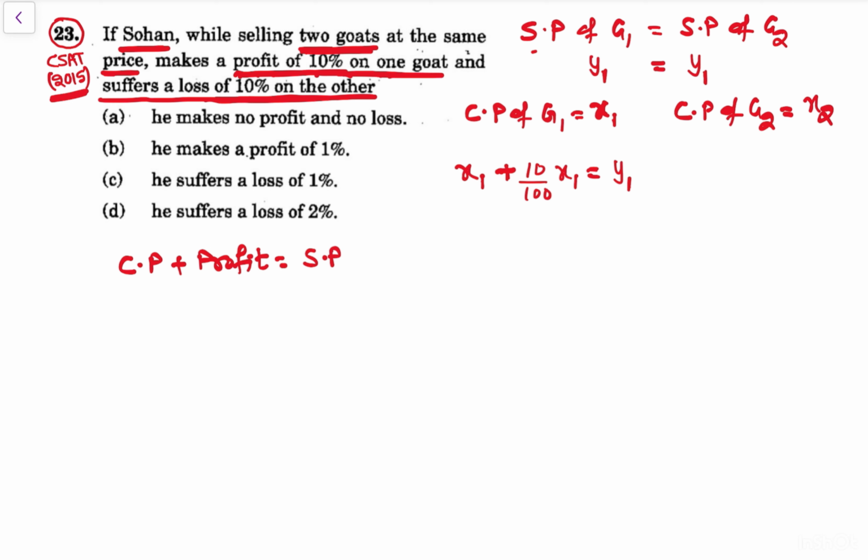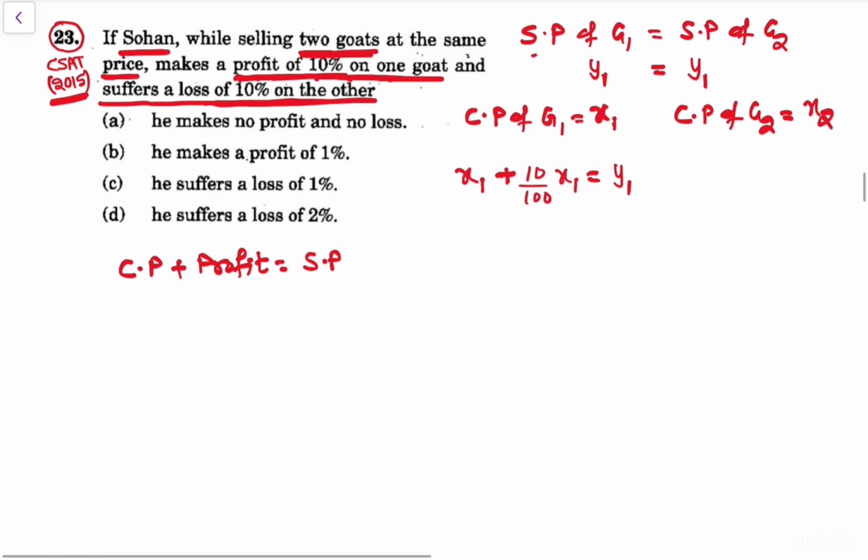This is a formula. Or SP minus CP is equal to profit, right? And we know that CP minus loss is equal to SP, right? So this is cost price, goat, profit.